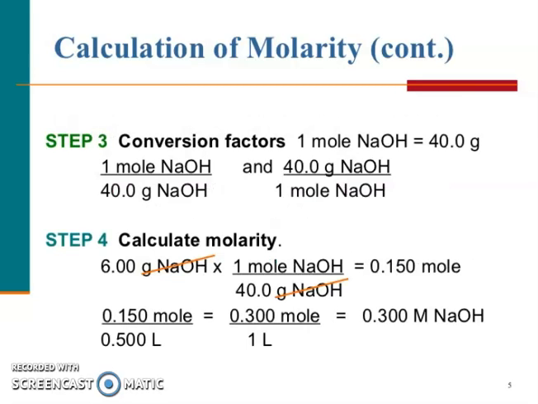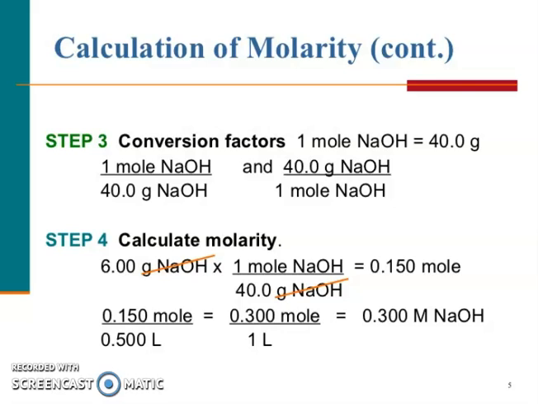Step 3, conversion factor. 1 mole NaOH is equal to 40 grams, so 1 mole NaOH over 40 grams NaOH, and 40 grams NaOH over 1 mole NaOH. In step 4, calculate the molarity. 6 grams sodium hydroxide times 1 mole sodium hydroxide over 40 grams sodium hydroxide is equal to 0.150 moles.